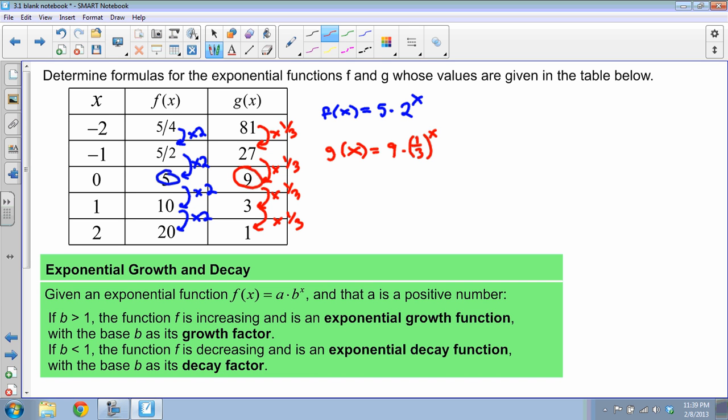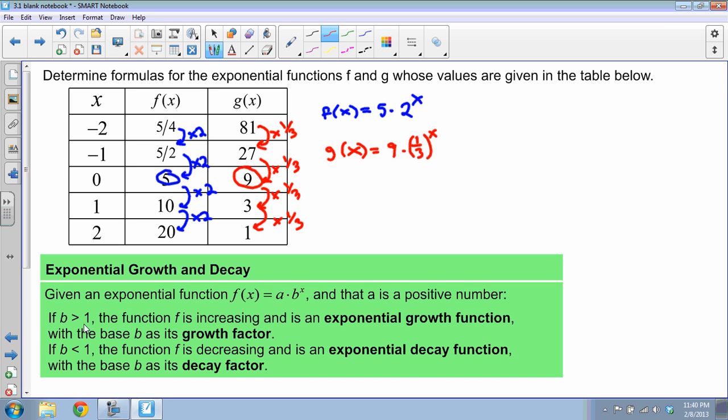Now, we have the application, basically, of exponential functions is looking at either growth models or decay models. So this green box down here is talking about if we have an exponential function, f of x equals a times b to the x, and a has to be positive for this to be the case, otherwise it flips your graph around and makes it a little different.